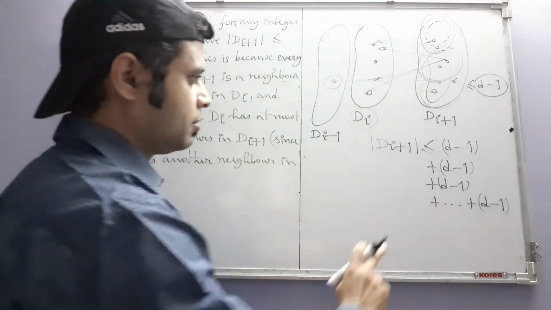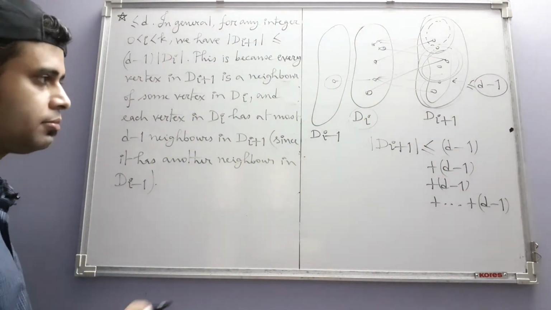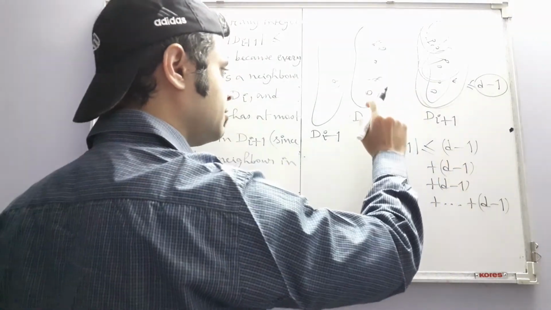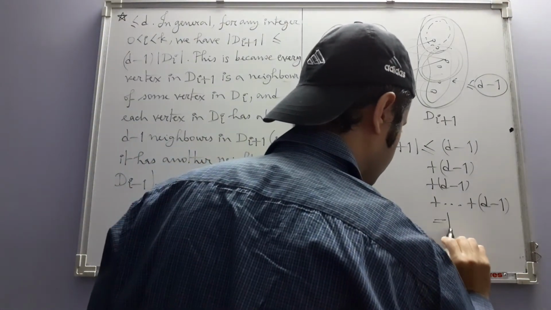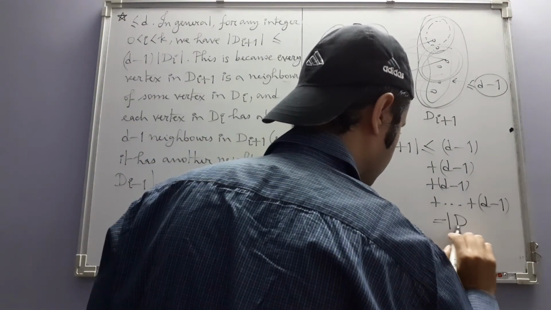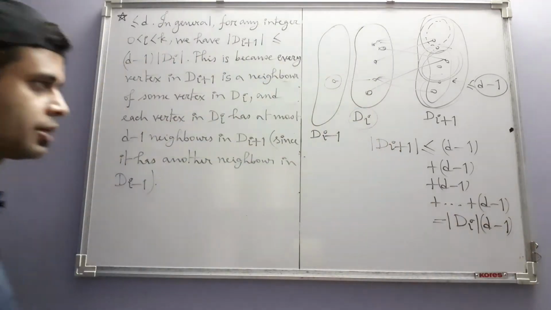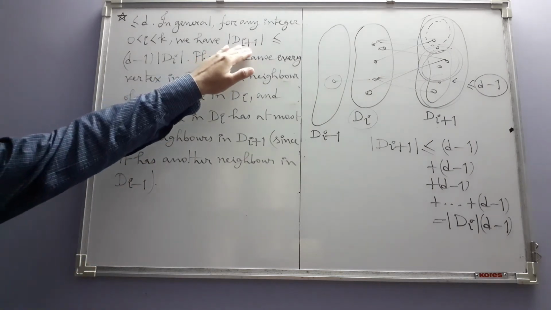And how many D minus 1s? Because the d minus 1 part is coming from di, so this is times d minus 1. That's how we are getting this inequality.